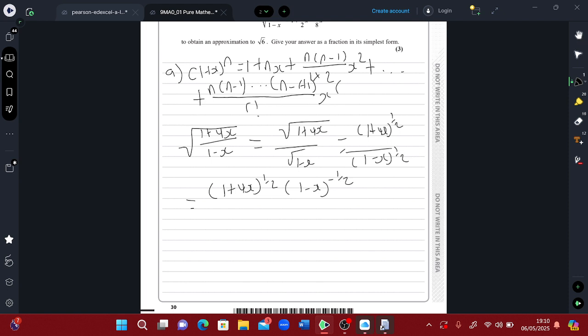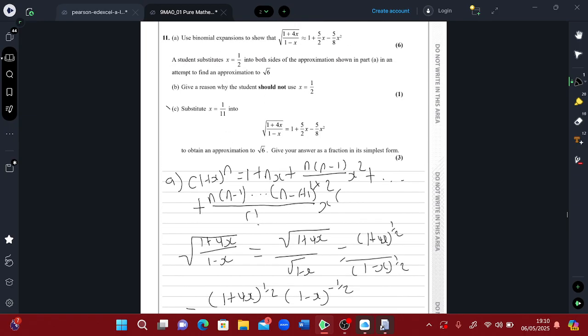Okay, so they're both looking very similar. They're both in the same form, actually. It's just that 1 plus x. Here x is going to be plus 4x, and here x is going to be minus x. We can pretty much just substitute it into this formula.